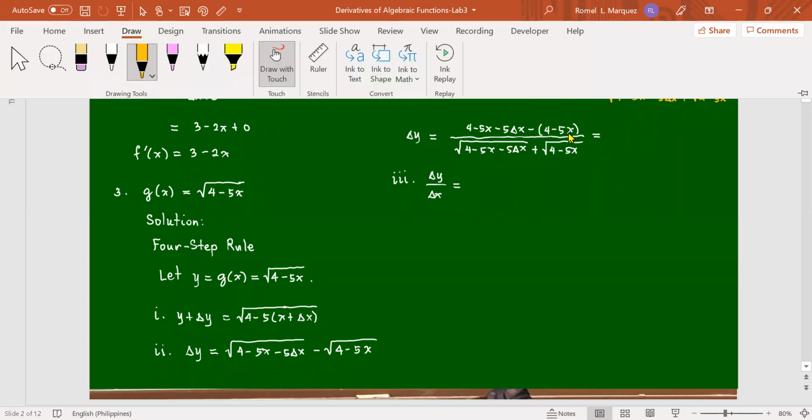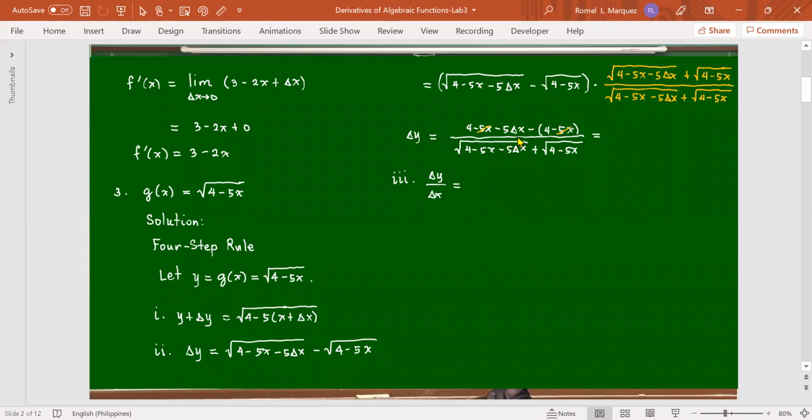With this negative 5x, because this is 5x minus 5x, 0. Negative 4 plus 4 is 0. So what is left in the numerator is simply negative 5 delta x. Okay?